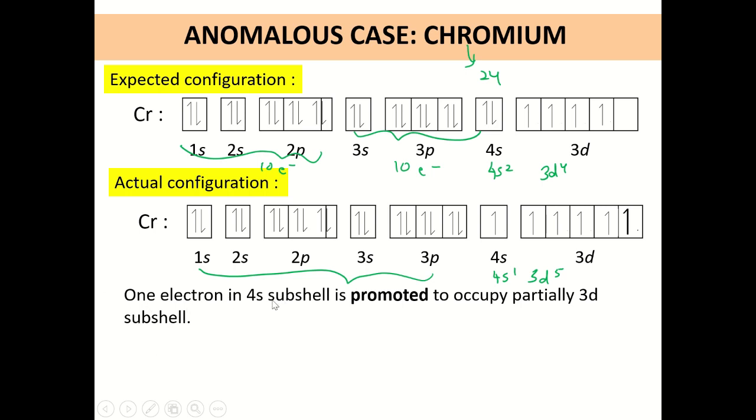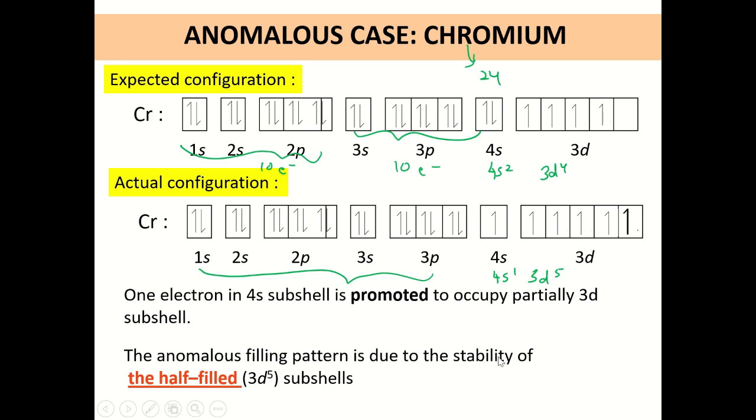So the explanation is one electron in the 4s subshell is promoted to occupy partially the 3d subshell. Why? Because of the stability of the half-filled subshell. In the actual configuration we have a half-filled 3d orbital, because remember 3d can fit up to 10 electrons. So when we fill the 3d orbital with 5, we form a half-filled 3d subshell, which is more stable compared to this one.